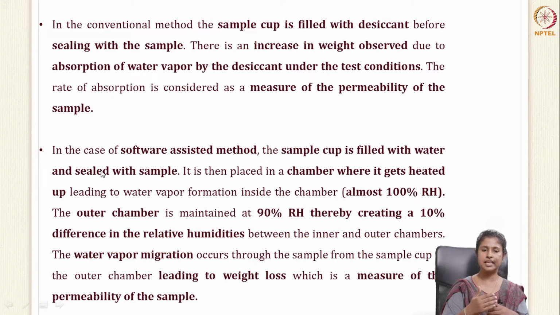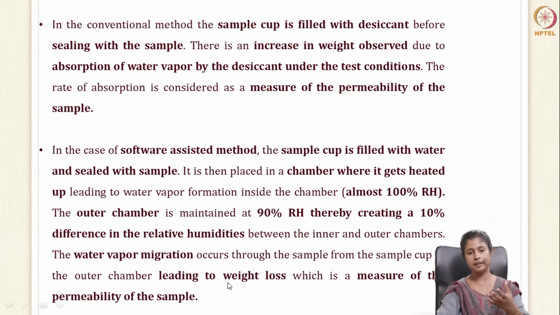Because of this 10% relative humidity difference between the inner and outside chamber, there is a migration dependent on your test sample. The water vapor migration occurs through the sample from the sample cup to the outer layer, leading to a weight loss. So in the software assisted method, there is actually a weight loss, which is a measure of the permeability of the sample.